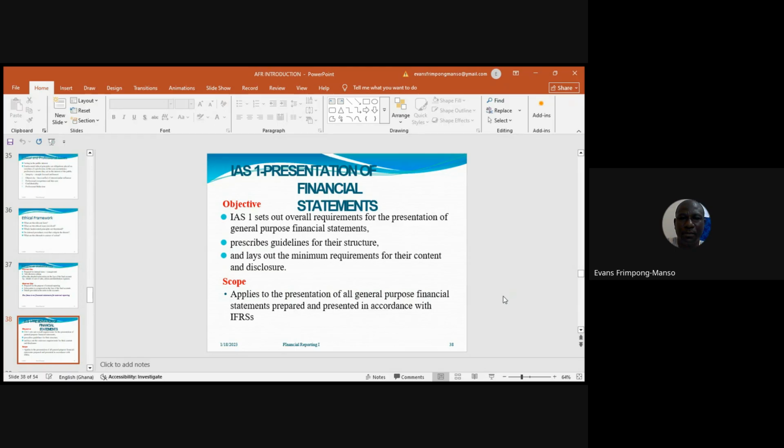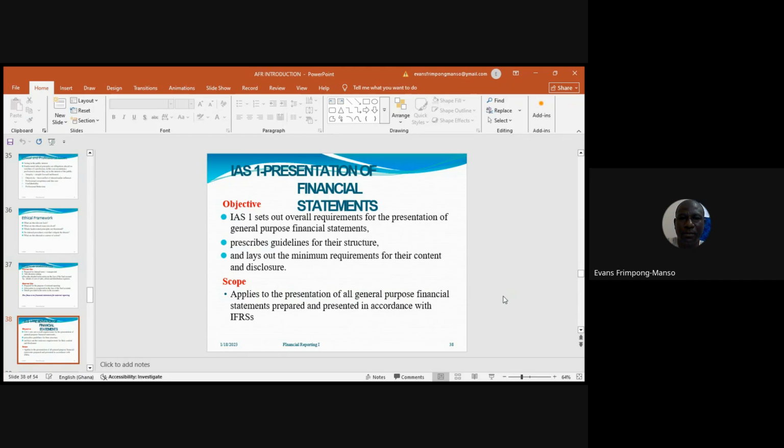So if you look at the objective of IAS 1, it will give you what is required to present financial statements, the general framework that you can use to present financial statements.